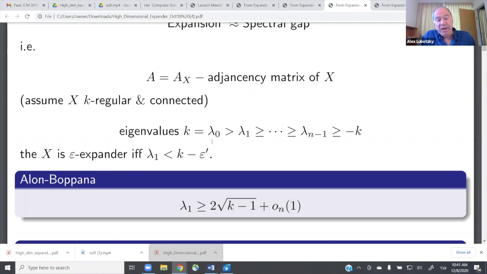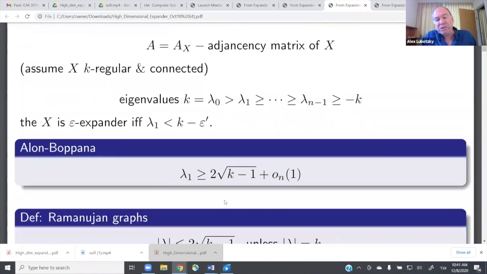Anyway, a well-known result of Alon and Boppana says that there is a limit to how much you can bound lambda 1 from lambda 0, if we are talking about an infinite family. We fix k, we let n go to infinity, then the best you can hope for is that lambda 1 will always be at least 2 square root of k minus 1 plus little o of 1.